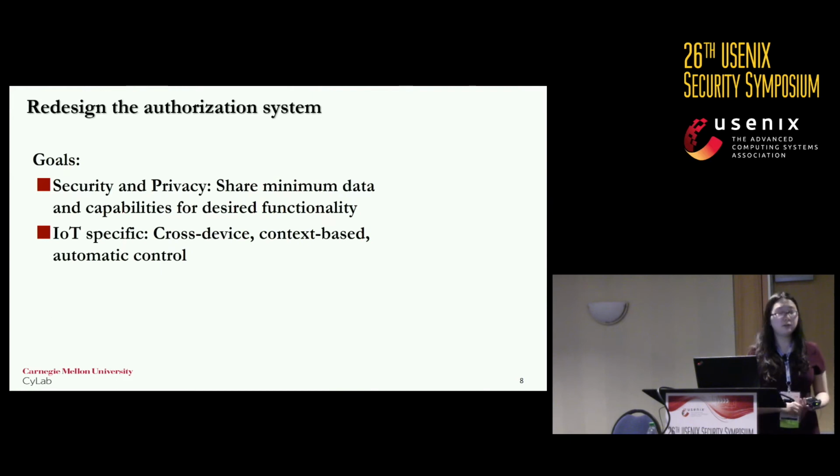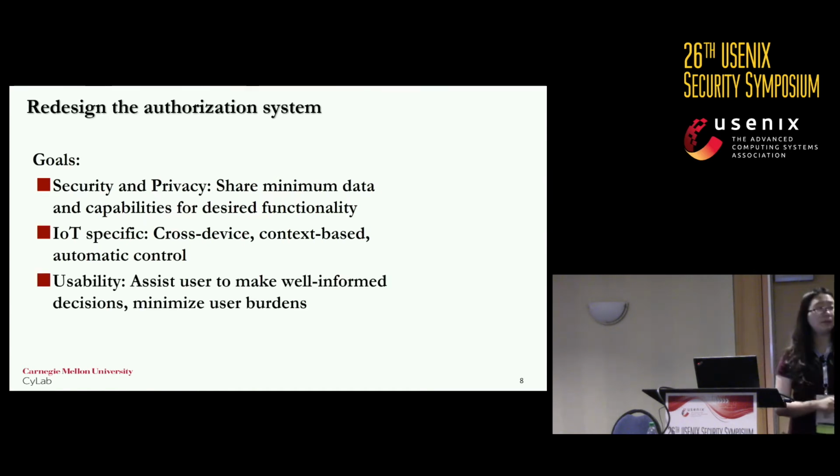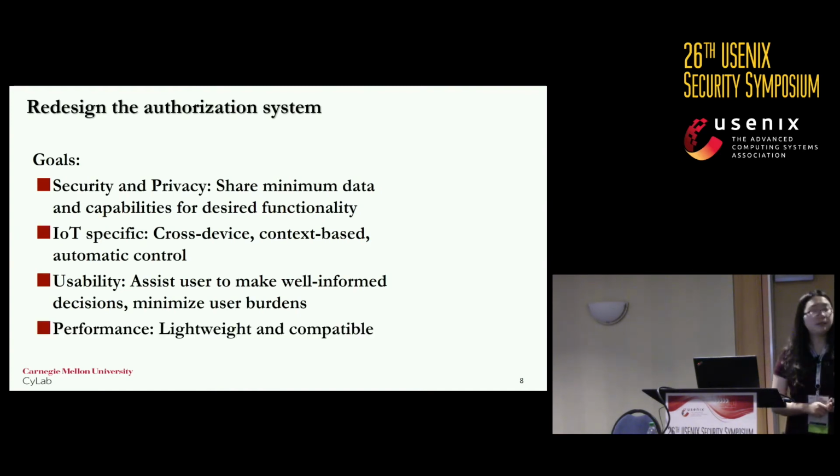And also, we want to suit all the IoT-specific requirements, like supporting cross-device, context-based, and automated control for the smart home platforms. The third goal is about usability. We want to help the users make well-informed decisions and also minimize user burden. The final goal is about performance. We want to have a lightweight and compatible solution.